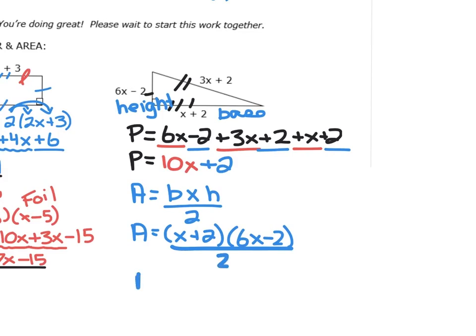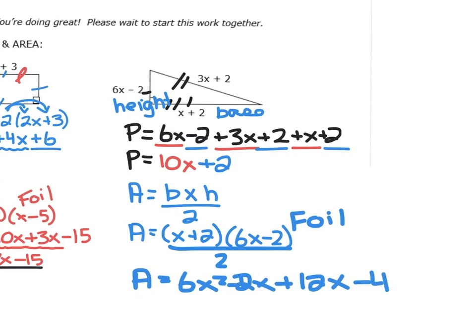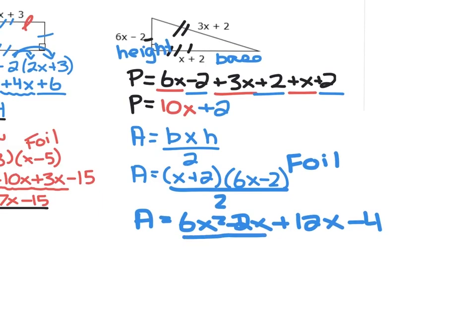So we start with FOIL on the top, and we get 6x squared, okay, minus 2x plus 12x minus 4, and still all of that is over 2.